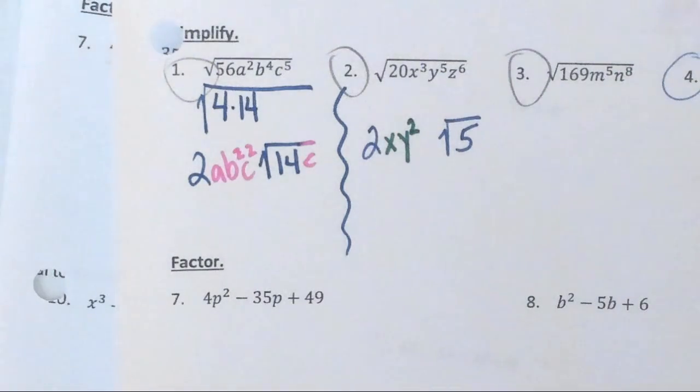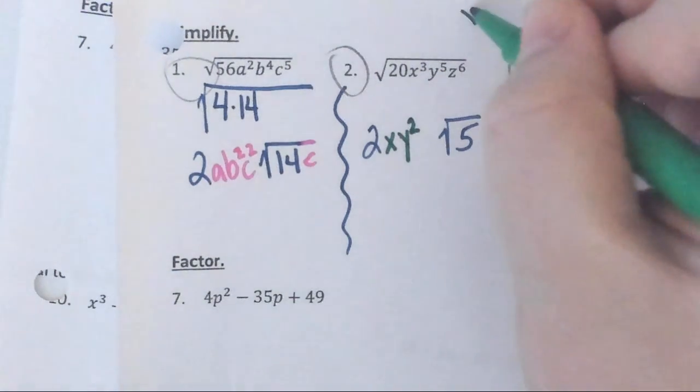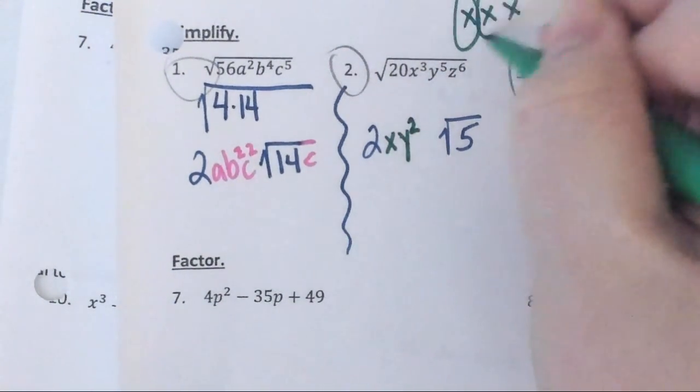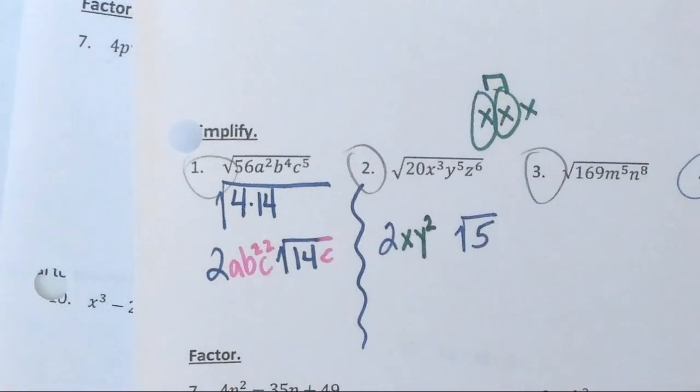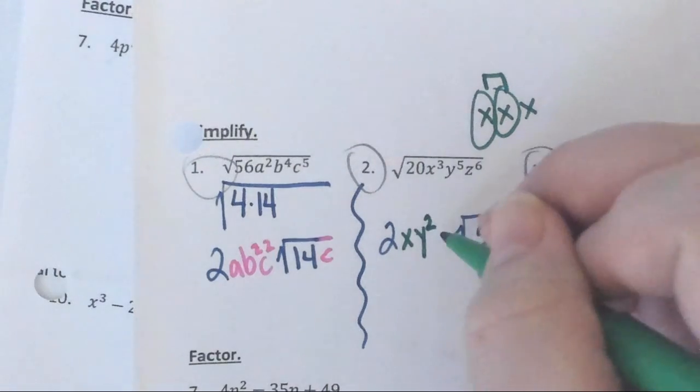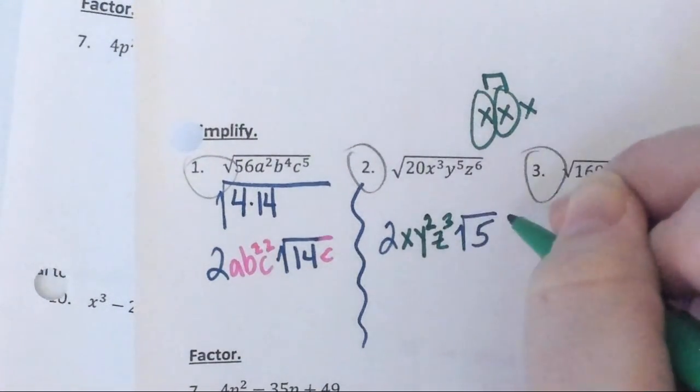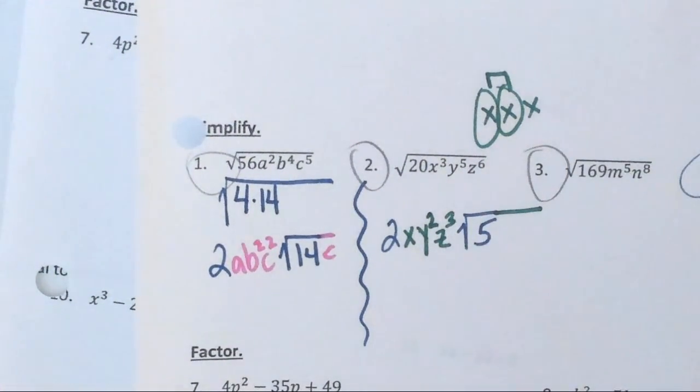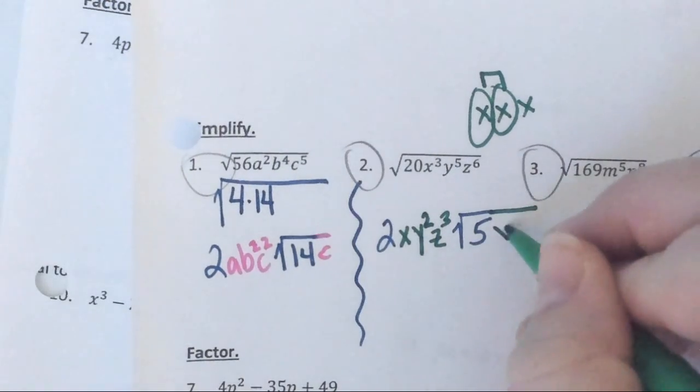Because it's just X. Okay, you want to finish it? And then tell me about what's underneath. X. And?